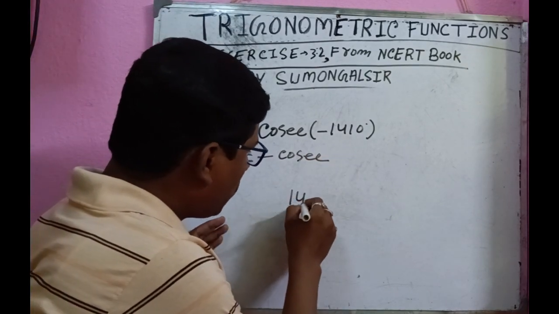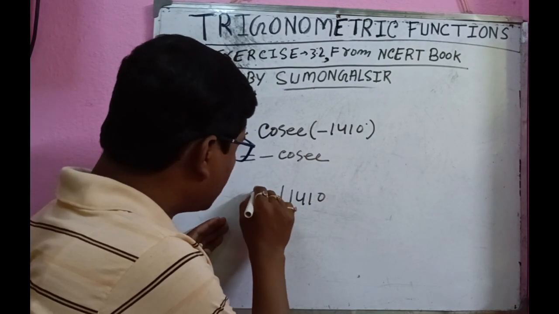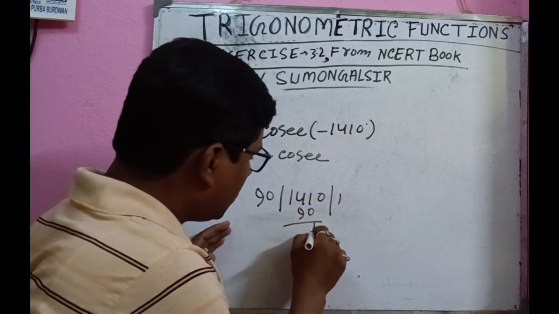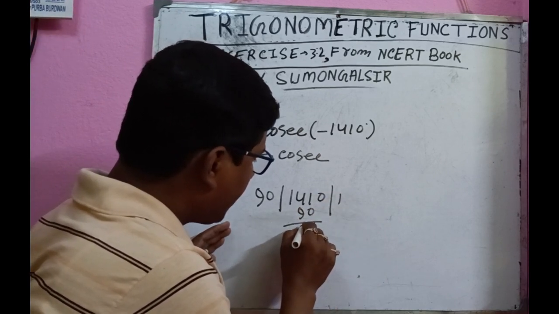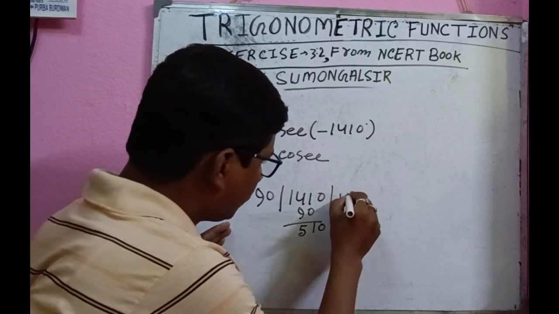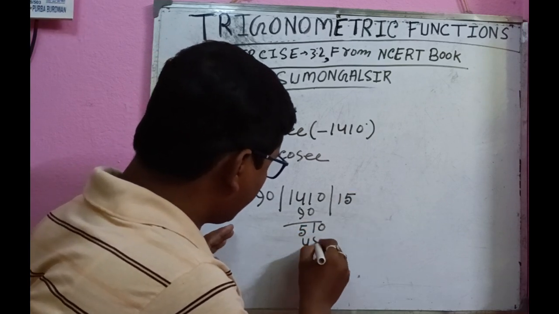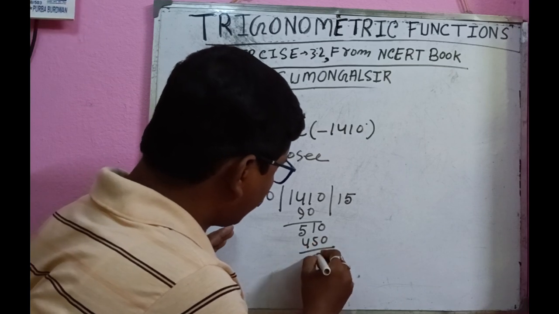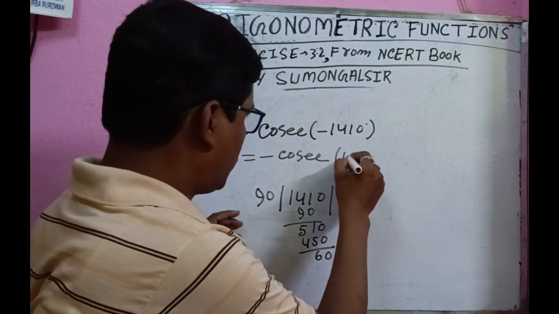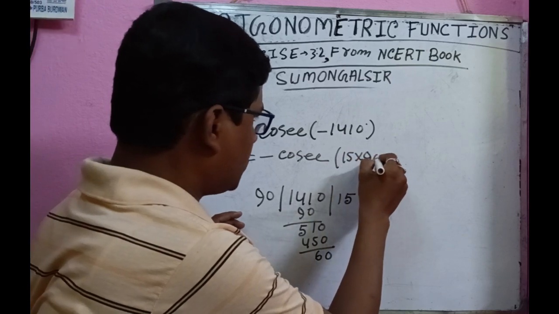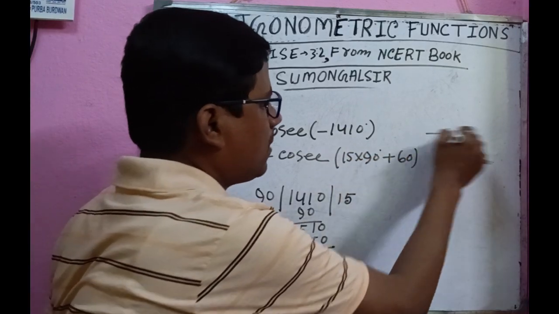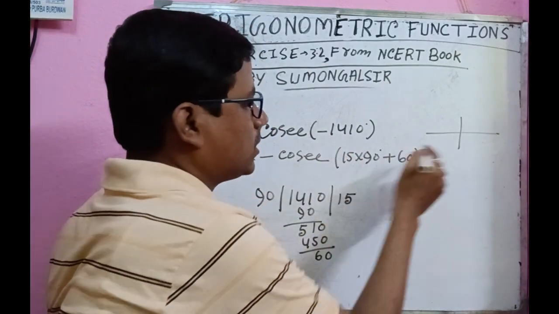Now 1410 divided by 90, then we get this, so 15 multiplied with 90 plus 60, this is the total value of this.